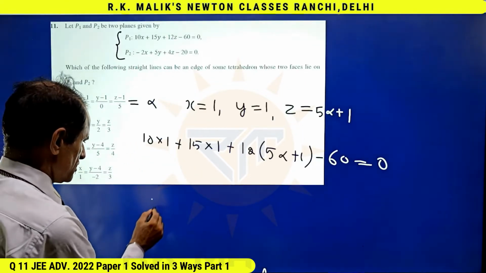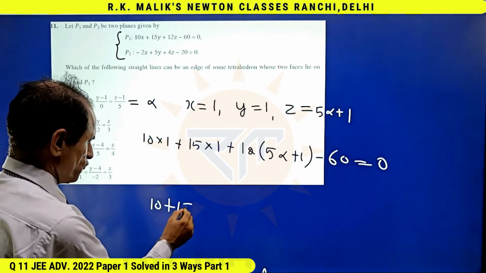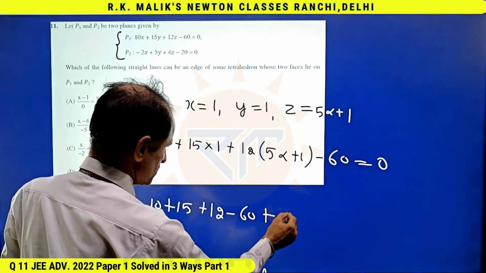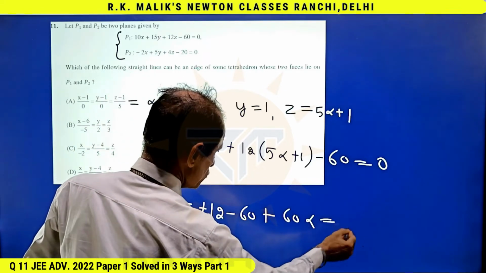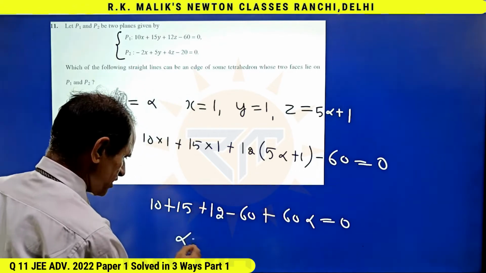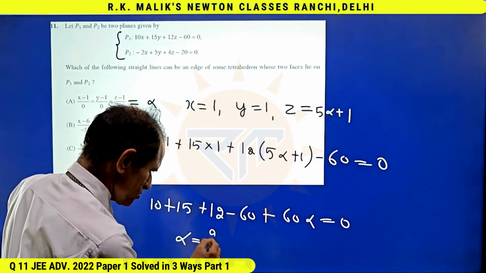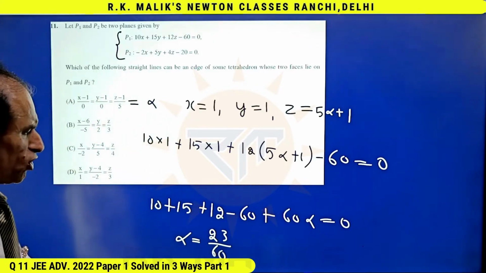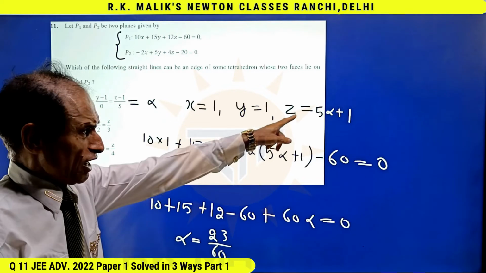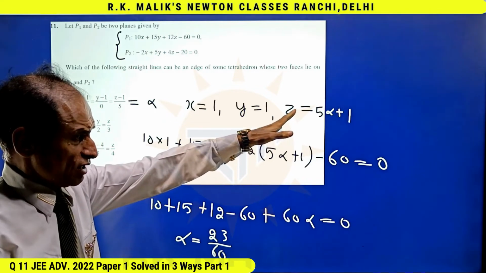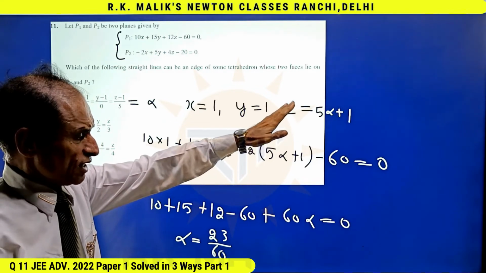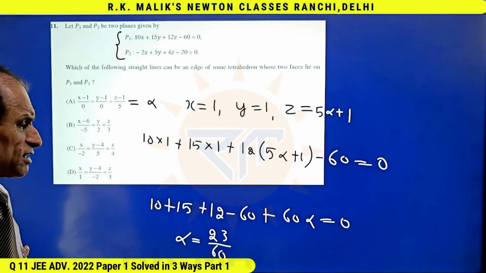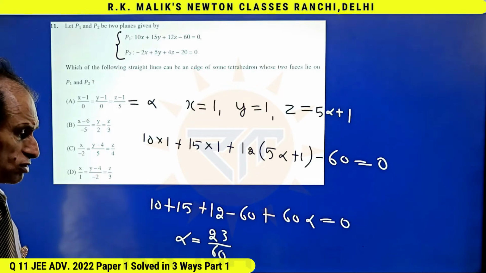That is, I get 10 plus 15 plus 12 minus 60 plus 60 alpha equal to 0, that is alpha is equal to 23 by 60. Actually, it is not required to put back the value of alpha and find the point of intersection. I just want to find whether this line cuts both the planes at two distinct points or not.